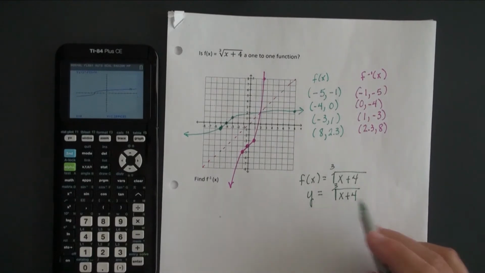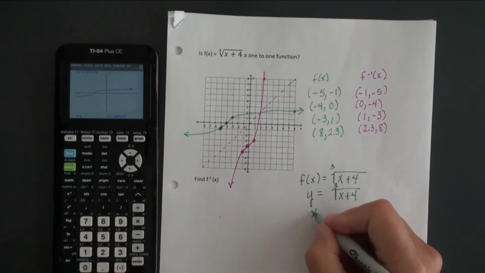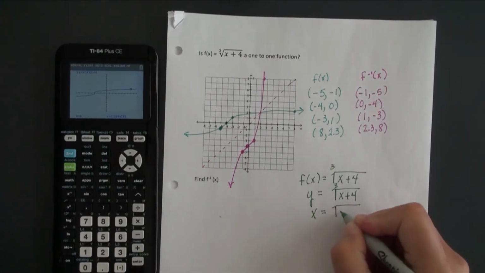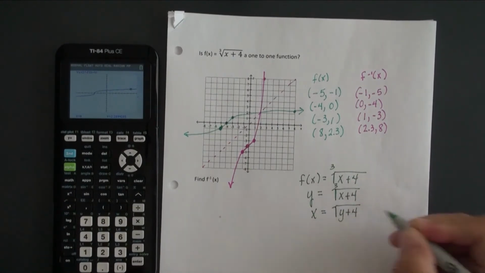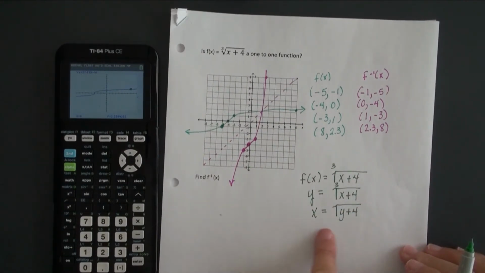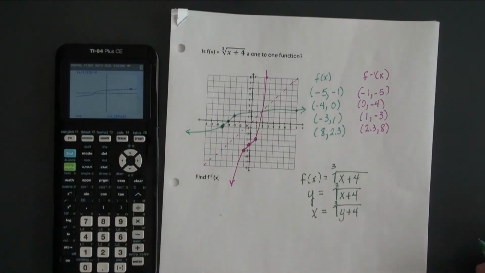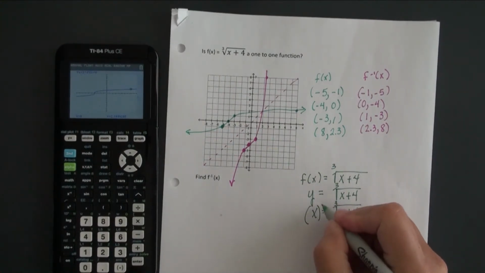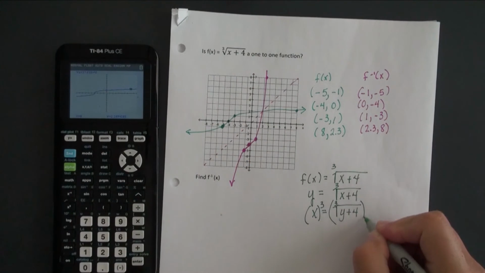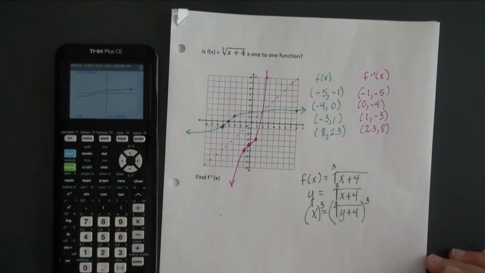I will interchange my x and my y. And then I need to solve this equation for y. So in order to get y by itself, I need to get rid of this cube root symbol. So I'm going to take both sides to the third power.